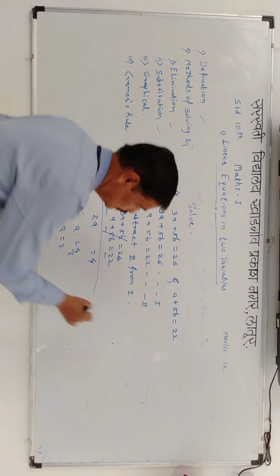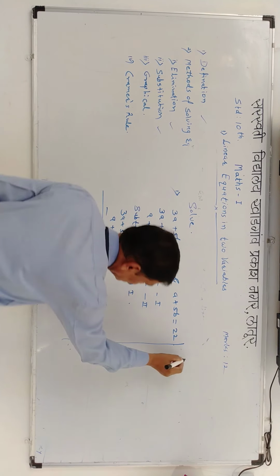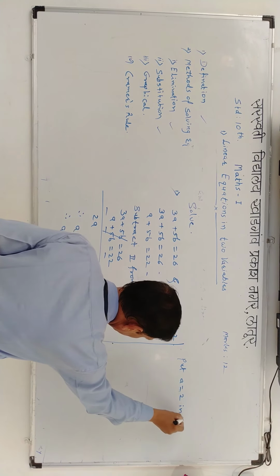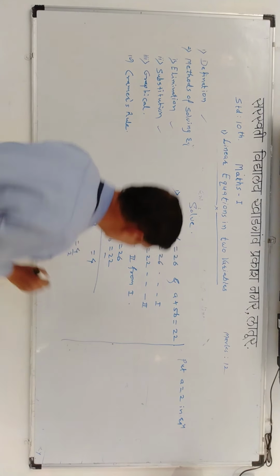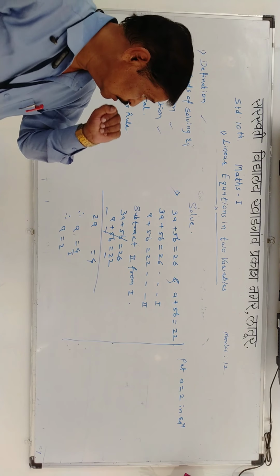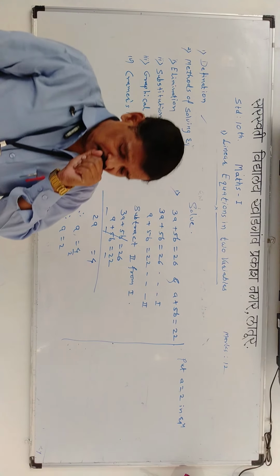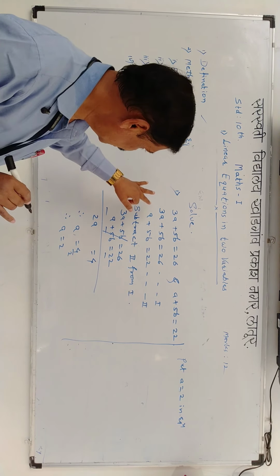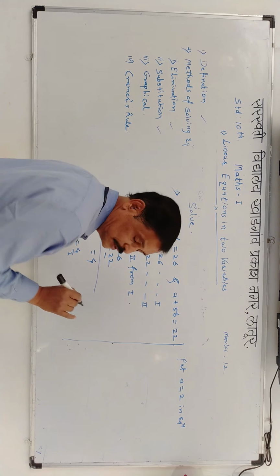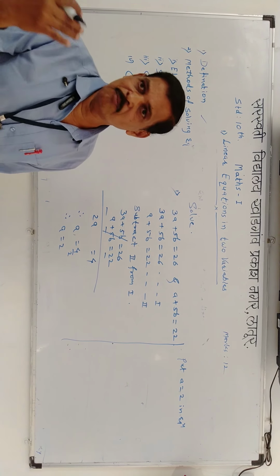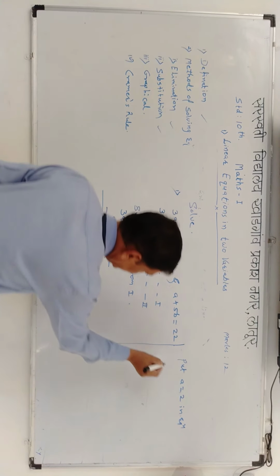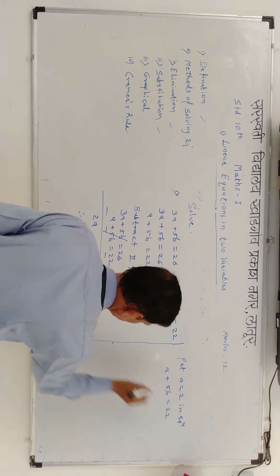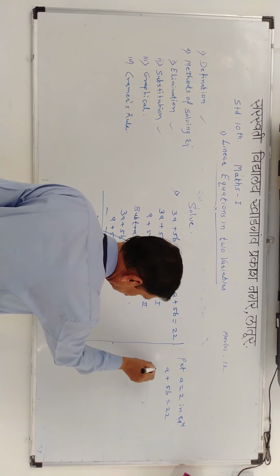Now, put a is equal to 2 in any one equation, first or second. Which is the simplest? Now, the second is the simple equation. a plus 5b is equal to 22. Put a is equal to 2.